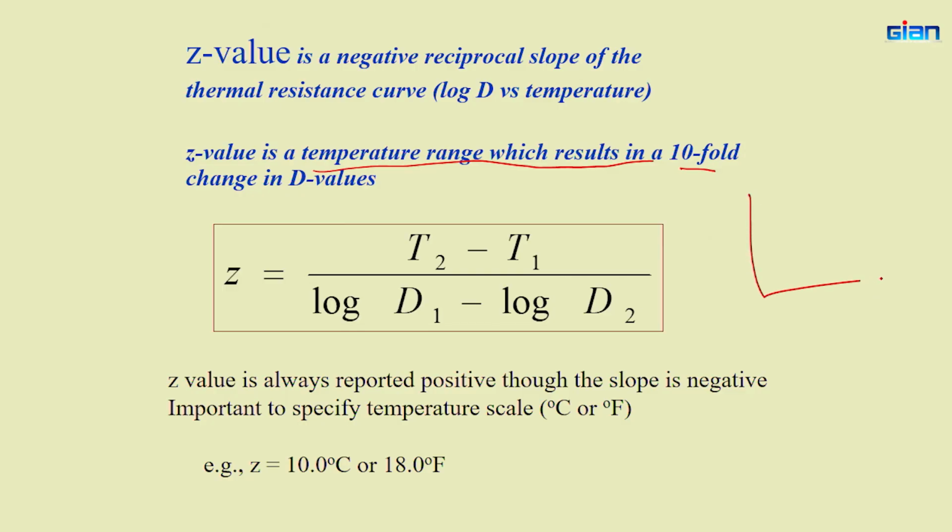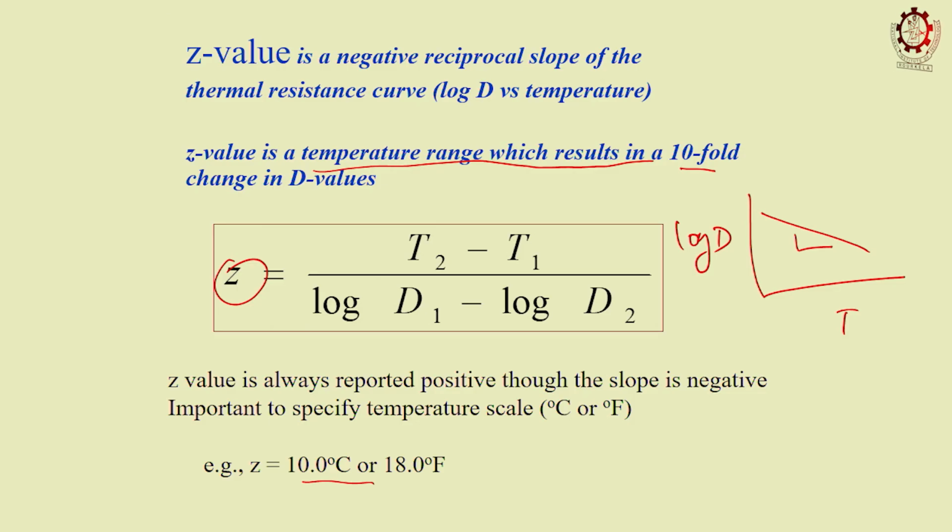So, if you plot your logarithmic D value versus the temperature, you're going to have a certain change in the D value, that's your Z. Normally it's given for certain microorganisms. For example, Clostridium sporogenes has a Z value of 10, or 18 degrees Fahrenheit. Usually people assume this, particularly when you do canning, and that kind of data is calculated.